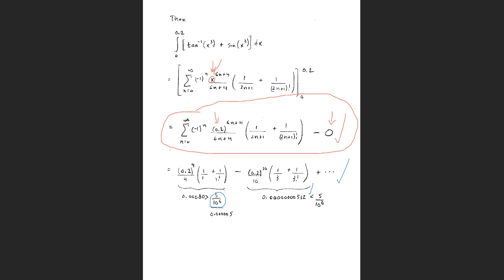So this reads here, by the way, 0.00080 is greater than 5 over 10 to the 6th power.